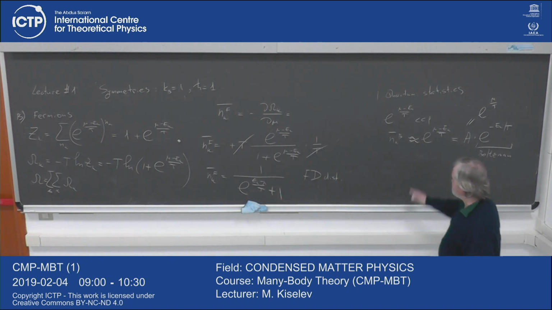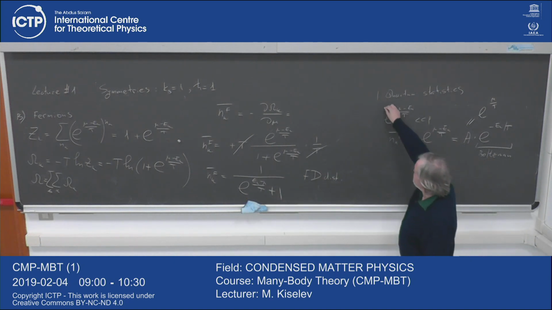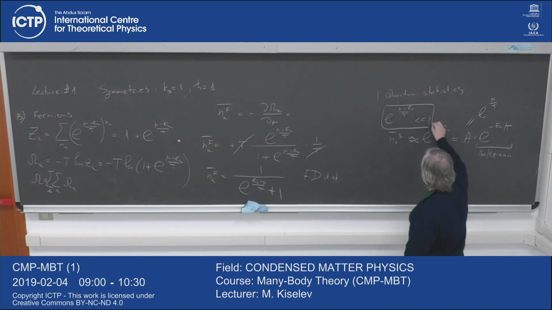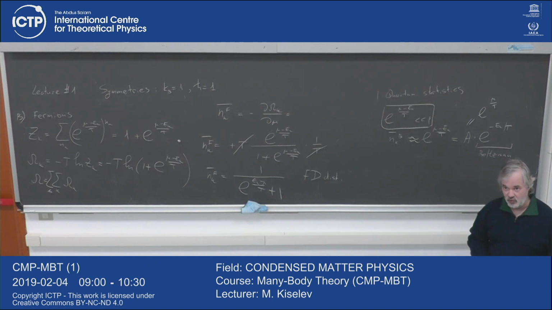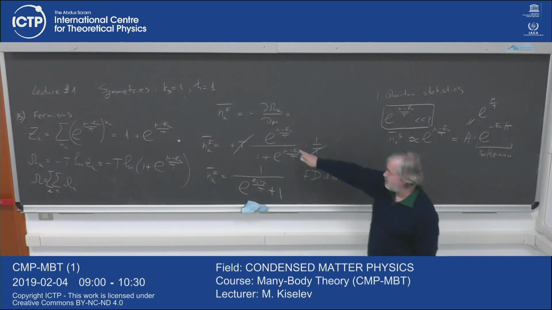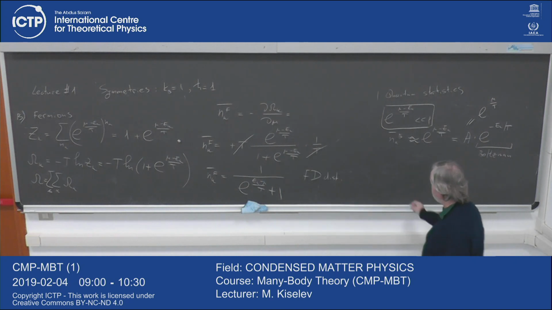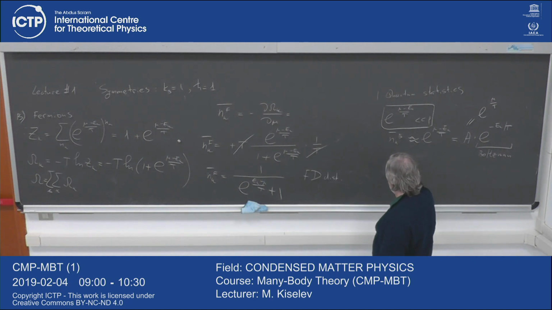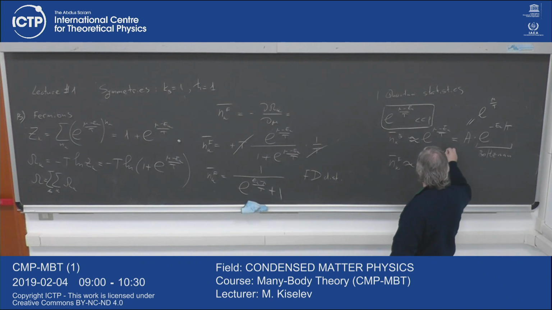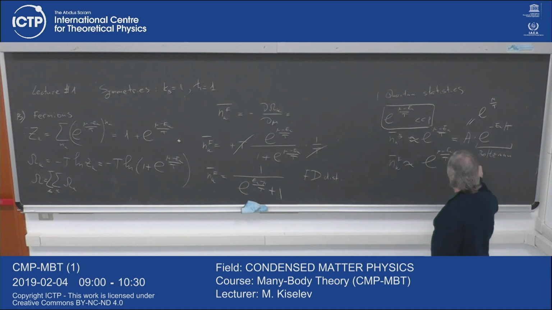However, before I come back to discuss the quantum limit, let me do the same exercise as I did here. Let me assume the same condition, that the average occupation number for quantum state k is very small, and then I expand this equation, Taylor expand the denominator with respect to this exponent, and what I get is that n_k Fermi is approximately equal to the same exponent, e to the power (mu minus epsilon_k) over temperature.